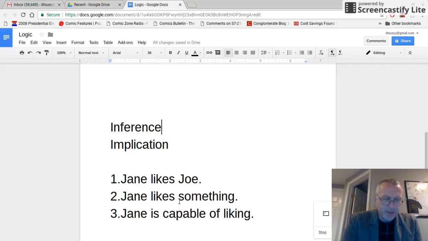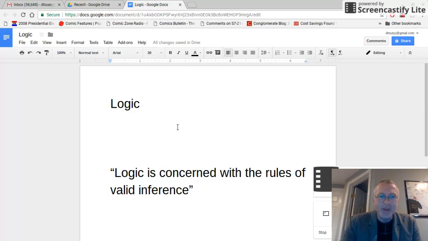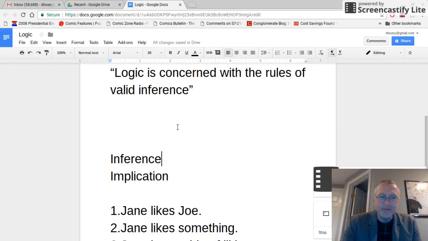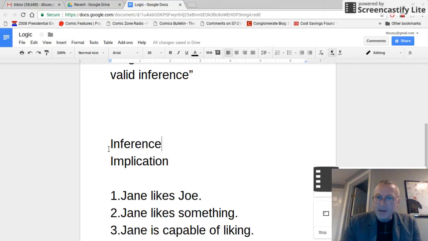It's one of the first statement's implications. So, that's a way to get started here. We need to go back to logic, I think, and talk more about what the word logic means, but it's very closely related with these two words here, inference and implication.